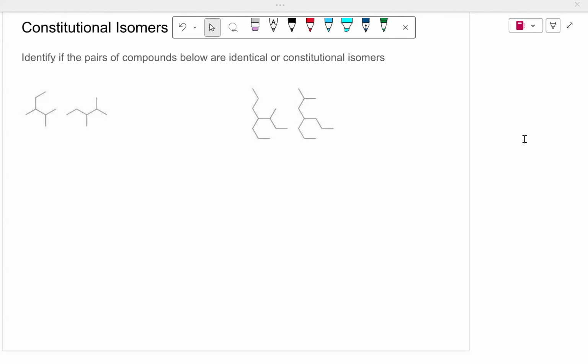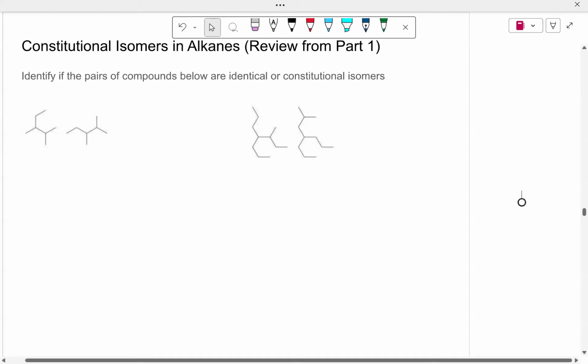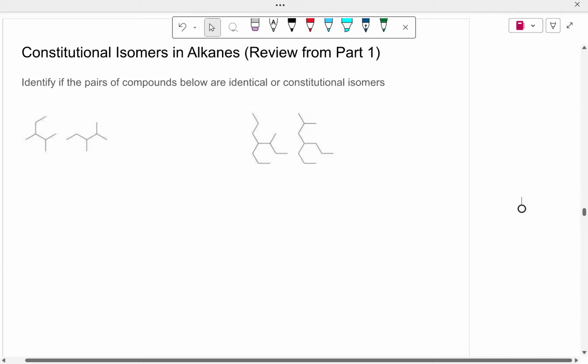But before I move on, I want to address one thing, and that's the relationship between this chapter and our first unit. In the very first unit, we looked at drawing constitutional isomers.